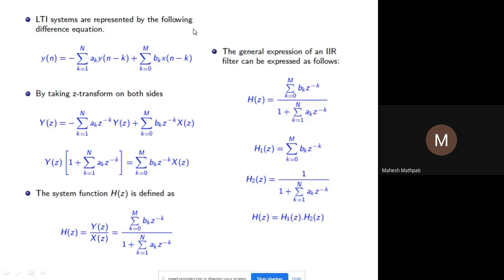LTI systems are represented by the following difference equation: y of n equals minus the sum from k equals 1 to N of ak y of n minus k, plus the sum from k equals 0 to M of bk x of n minus k. Here ak are the coefficients of the output function and bk are the coefficients of the input function. x of n minus k represents the input sequence and y of n minus k represents the output sequence.